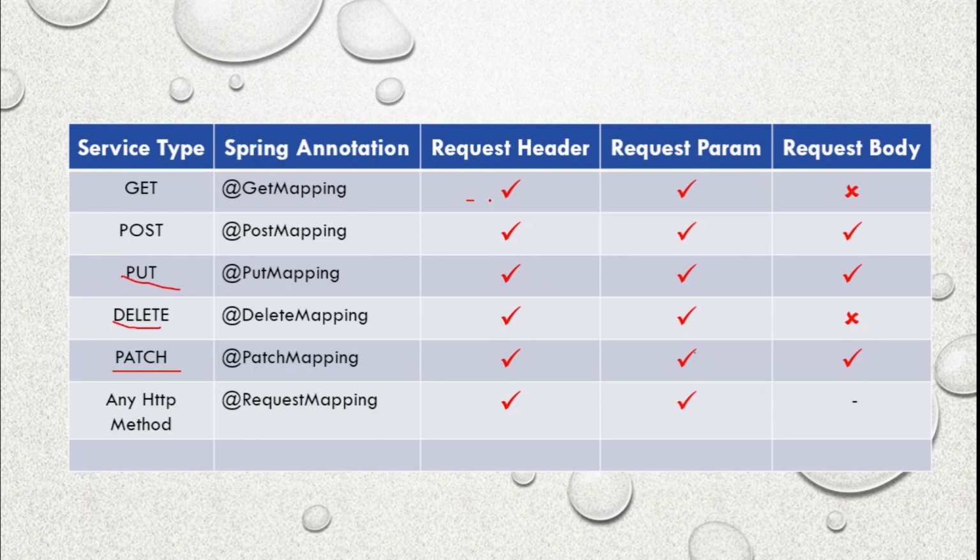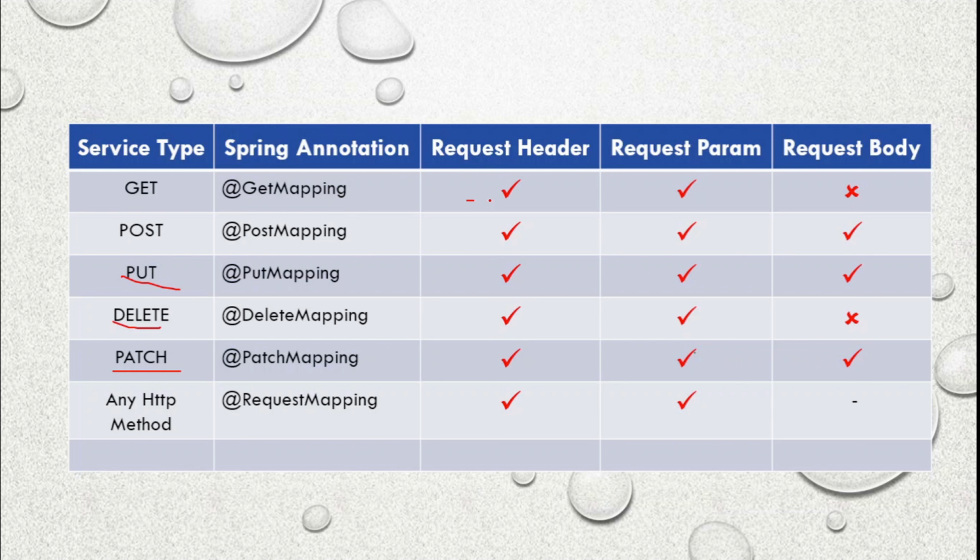So those are the request metadata, and the request parameter is the thing we pass through the URL. Basically this is very little data about the service.